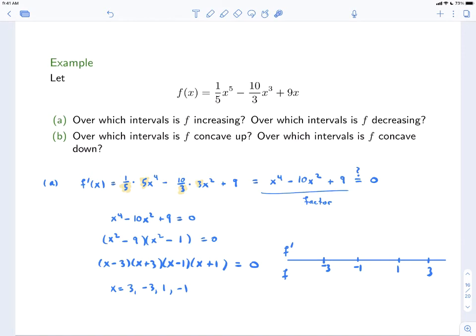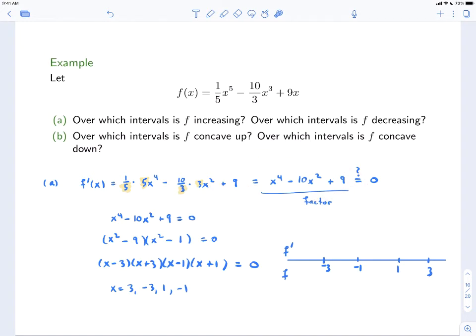And what we want to determine is whether f prime is positive or negative on all of these intervals in between. The derivative is 0 at all of these points, so we just want to determine in between those points if it's positive or negative. You just have to check one point on each interval, because this derivative is continuous.